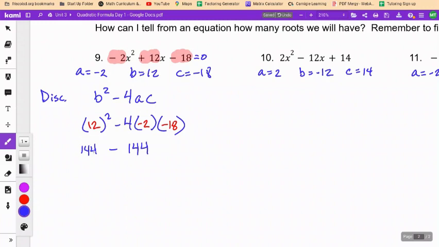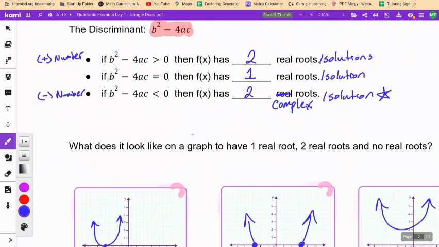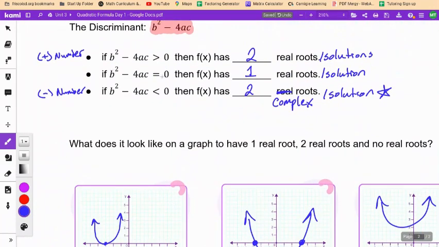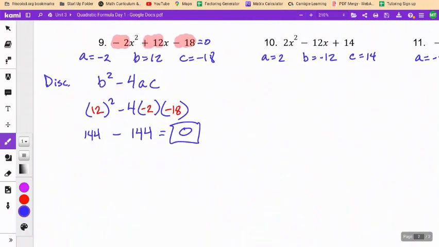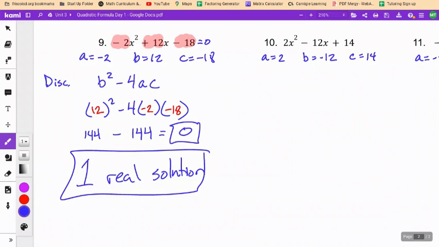So now I have 144 minus 144, which is equal to 0. And from our previous part, if our discriminant is equal to 0, then we have one real solution. So when I solve this, I would know that this has one real solution or root. Okay, I'm going to stop there. We'll solve the rest of the way here in just a little bit.